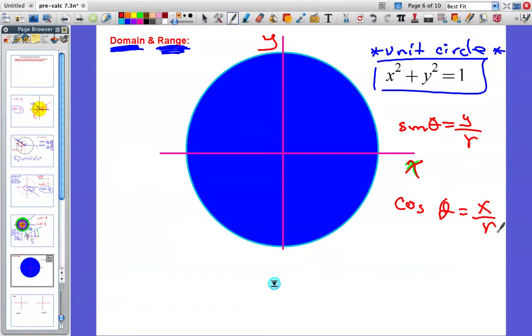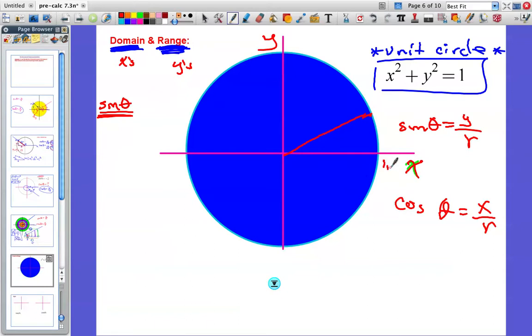So the domain we know, in general, domain deals with x's, your input values, and your range deals with y's, your output values. So let's think about the sine of an angle, and let's think about the domain of it. Any circle we want, here's my x, here's my y.